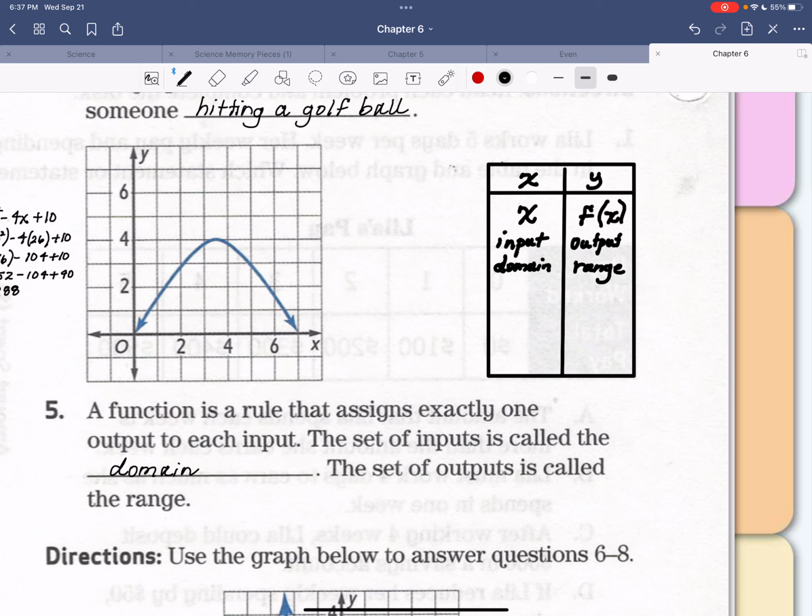You can say independent and dependent. And it seems like there's another one, but I can't think of it at the moment. But you've learned a lot of vocabulary that all mean the same thing. It just depends on the context of your problem and what you are looking at.